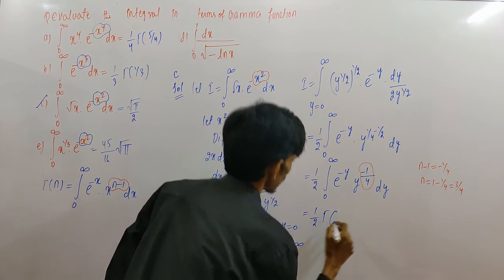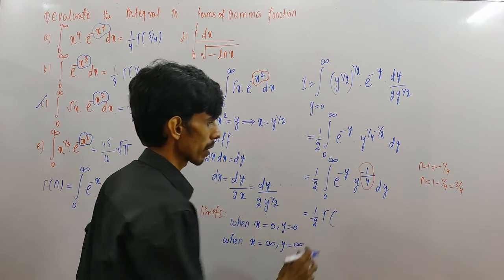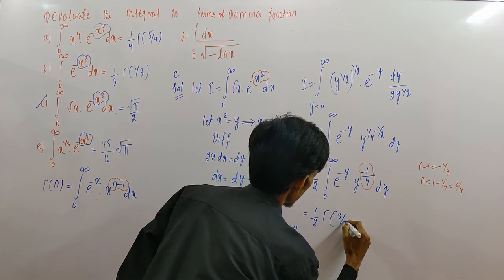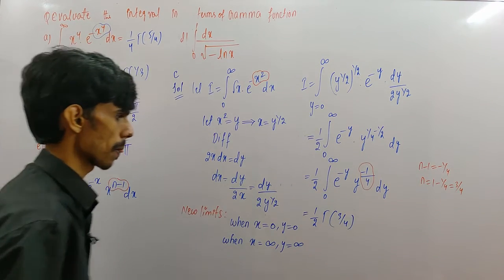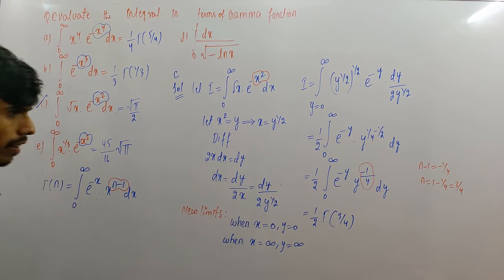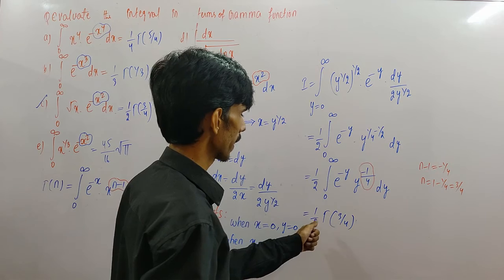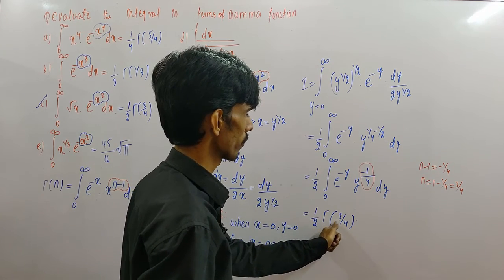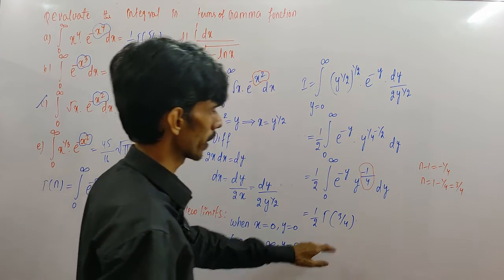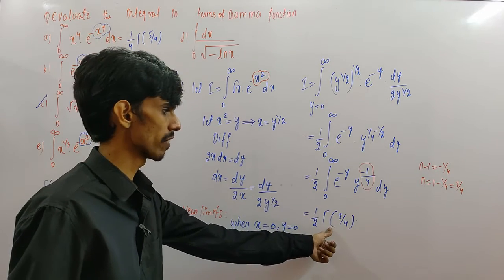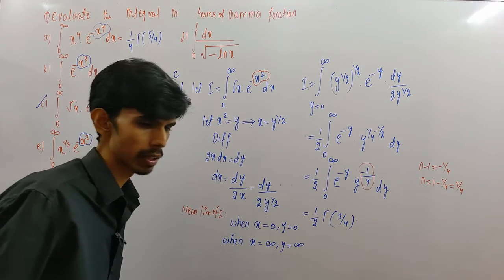This complete integral will be replaced by the gamma function, gamma of 3 by 4. So the value of this integral will be 1 by 2 gamma of 3 by 4. Now we can stop here. Further solving this gamma function is not possible.